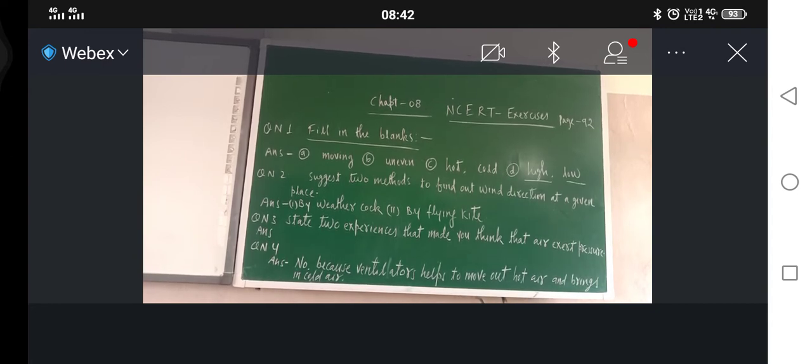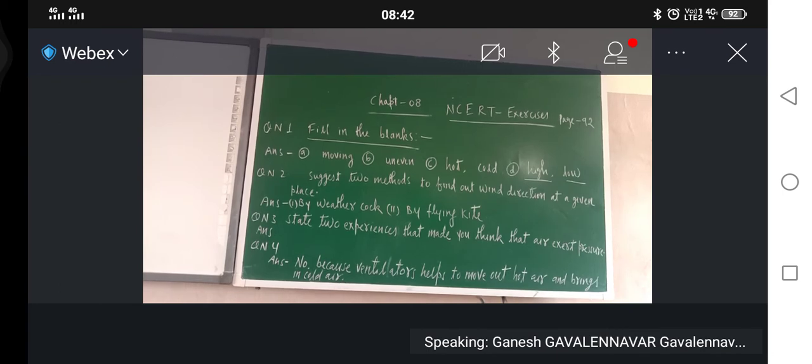Another experiment you can also do. Just see, you might have seen the boardings and hoardings. There are so many boardings and hoardings during election time or during the promotion of any shop. But just see, in those boardings and hoardings, what is there? Small holes they are making. Why? If they do not make holes, then air pressure will tear them apart.